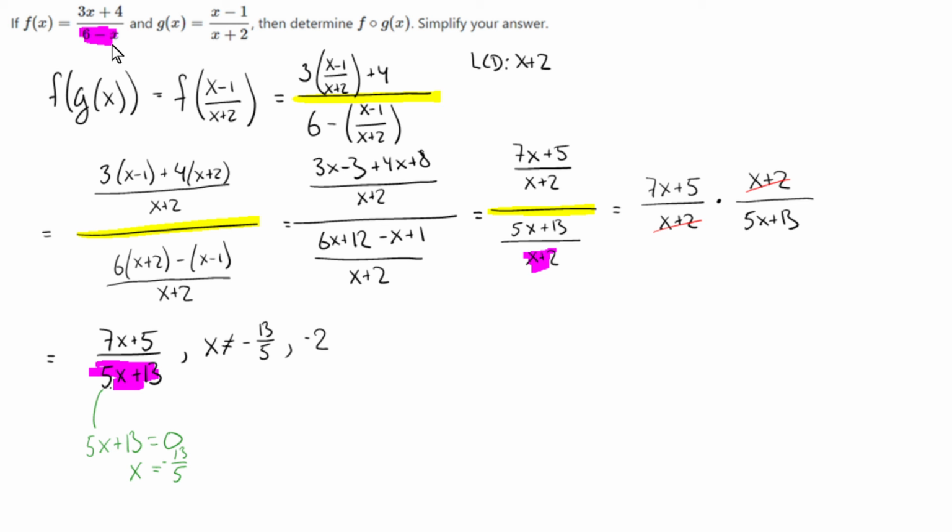So technically x cannot equal positive 6. That would be another non-permissible value, but because we replaced that with the function g, that non-permissible value disappears. This basically replaces the x right here. This is function g, and we have the non-permissible value of negative 2. Okay, so there are only 2 non-permissible values.